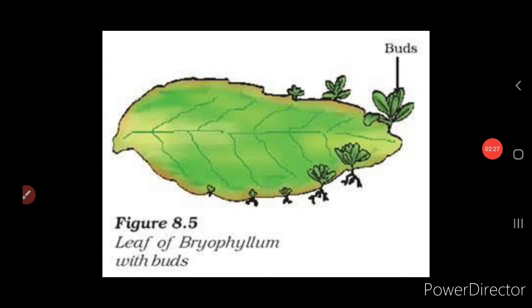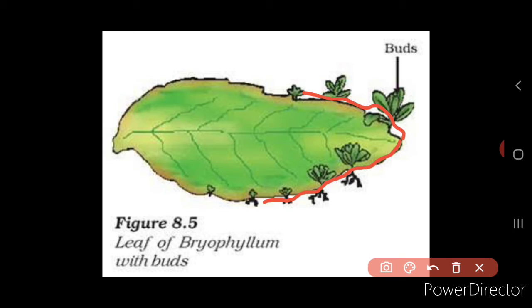Now the first one is vegetative reproduction by leaves. Here the leaves grow into a new plant, right? For example, bryophyllum. In bryophyllum the small plants grow at the leaf notches. Now these are the leaf notches, that is the edge, isn't it?